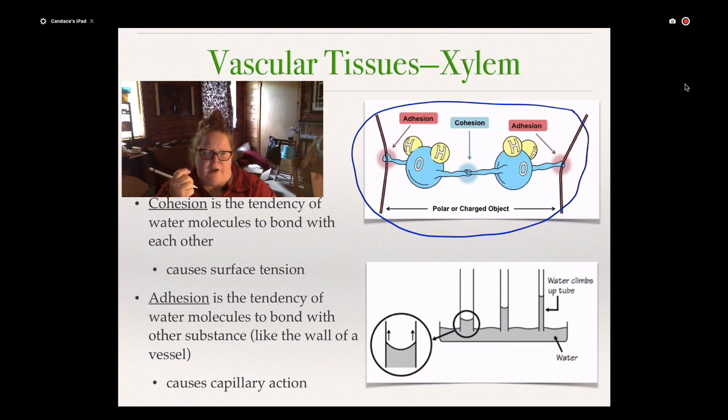So the first property of water that we're going to talk about is its cohesive property. Cohesion is the attraction of one water molecule to another. So here's a water molecule and here's another one, and they are attracted toward each other. That's called its cohesive property. This is what causes what's called surface tension.